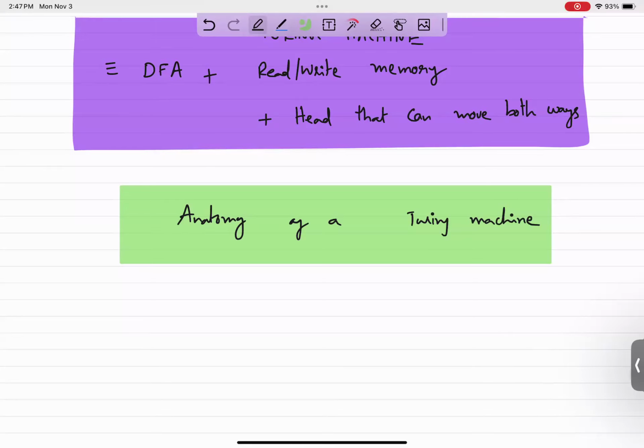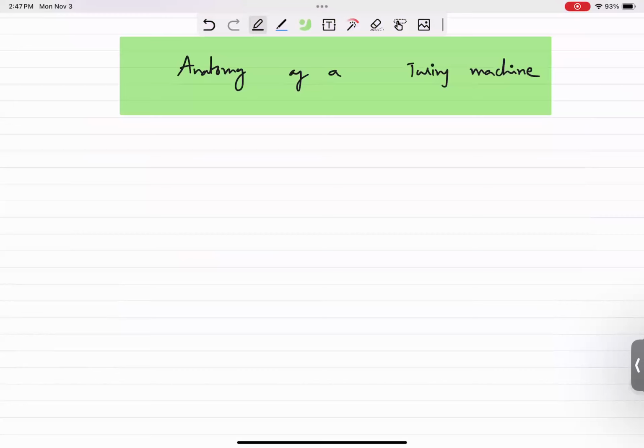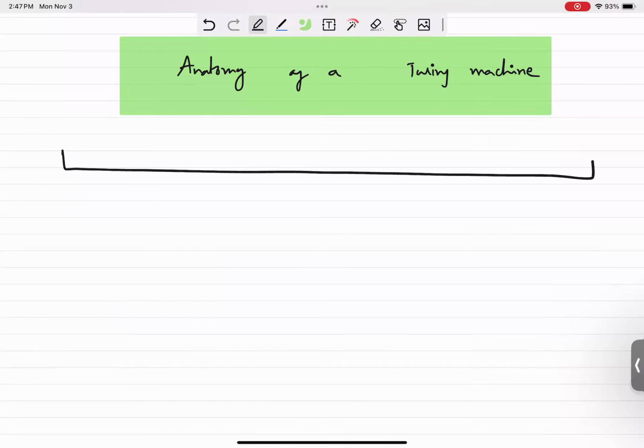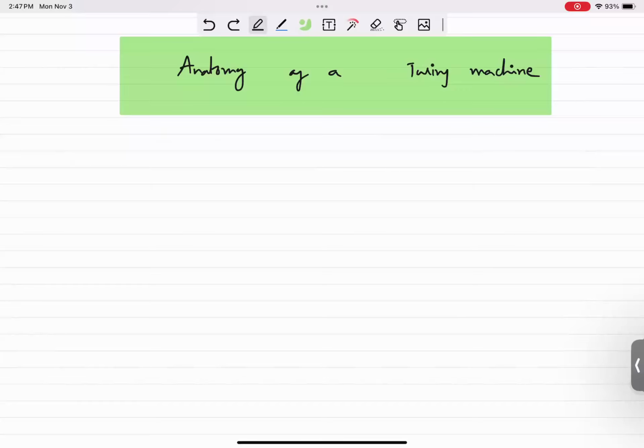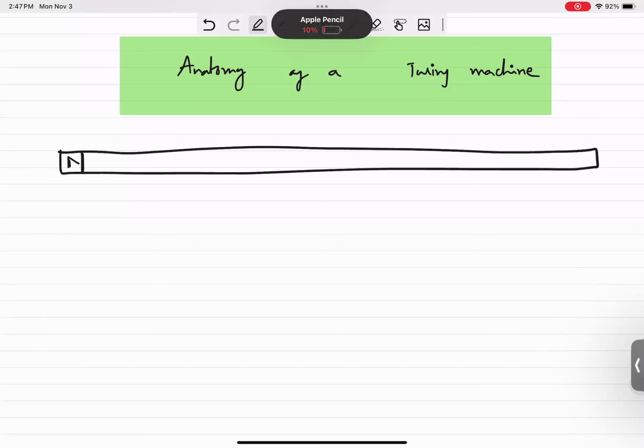So the first piece that takes it away from the DFA world, or is kind of an extension of what we were dealing with in the DFA world, is the presence of what's called a tape, an unbounded length tape. It starts from some point. This is the starting symbol.